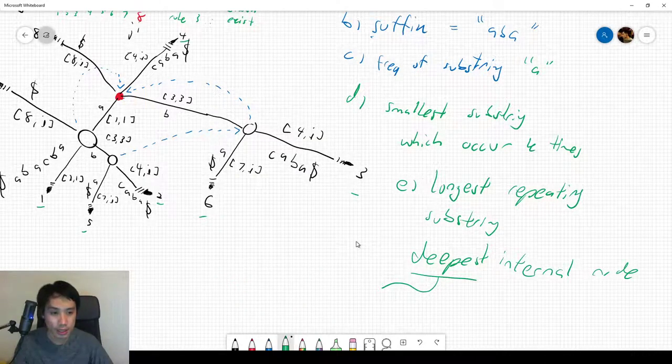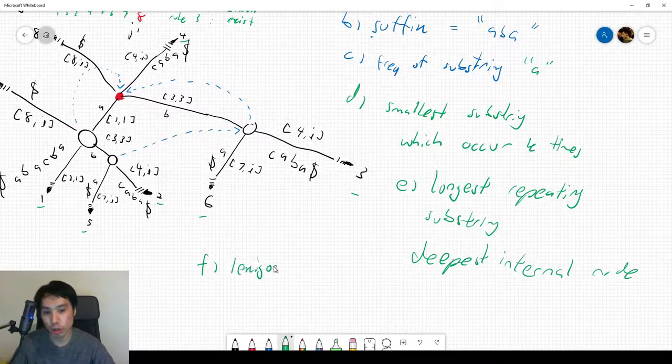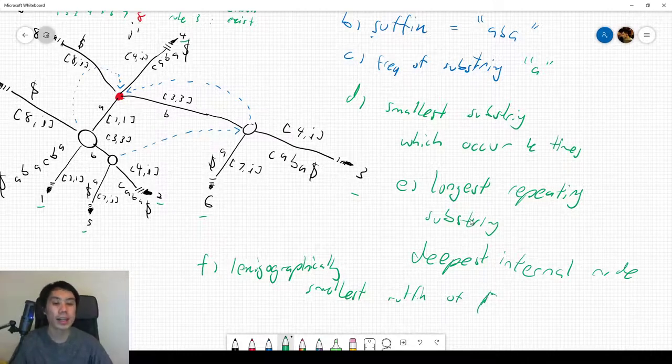Okay, the next question will be F. Find the lexicographically smallest suffix of my string. Lexicographically means alphabetically: A will be smaller than B, smaller than C, smaller than E, smaller than X, smaller than Z. And you know the structure of a trie, right?